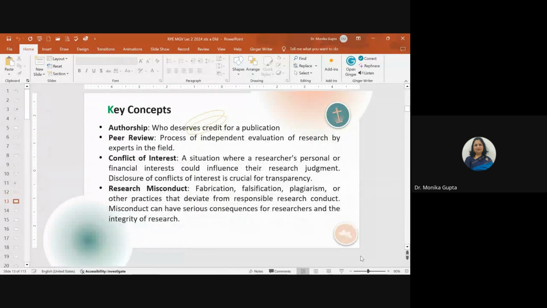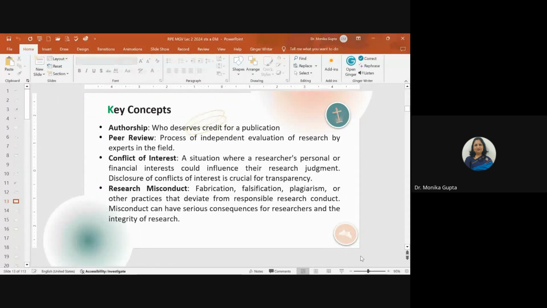Key concepts. So this is the time to discuss the key concepts. As we know, authorship refers to who deserves the credit for a publication. Clear and fair authorship guidelines ensure all contributors receive appropriate recognition for their intellectual work. Peer review. The peer review process involves independent evaluation of research by experts in the field.